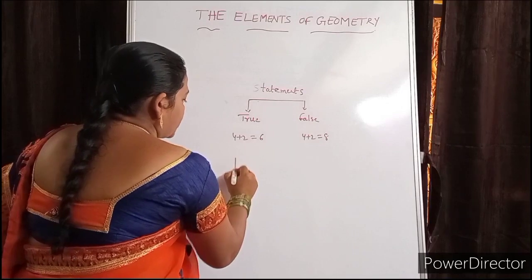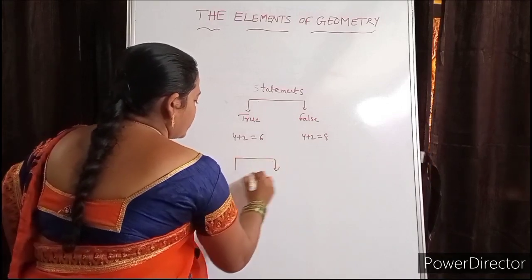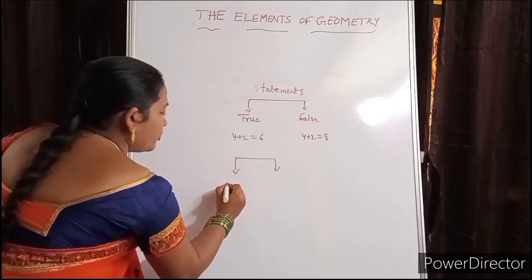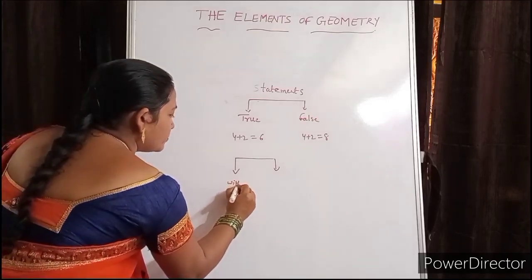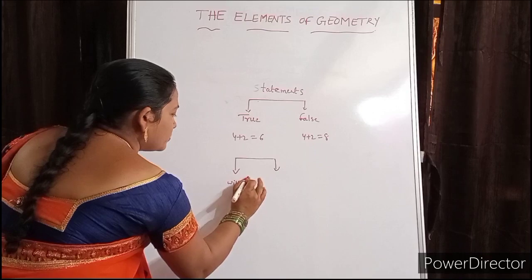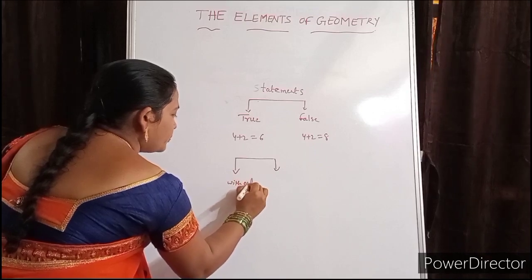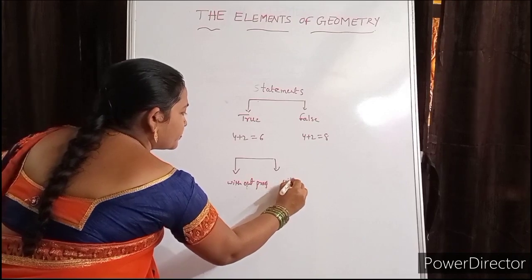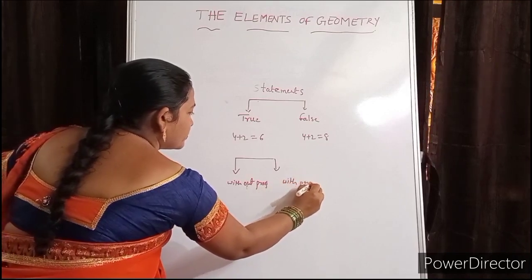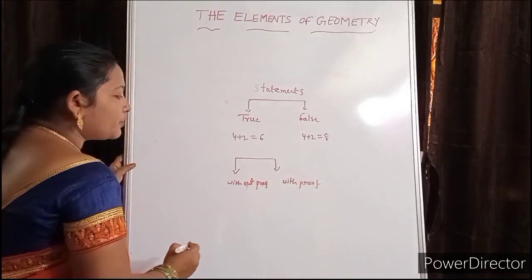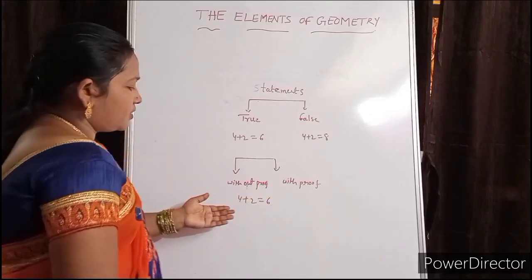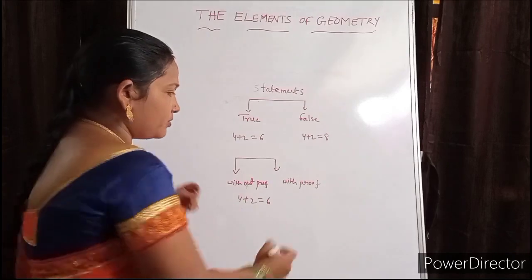This is of two types: with proof and without proof. Without proof: 4 plus 2 is equal to 6 needs no proof.